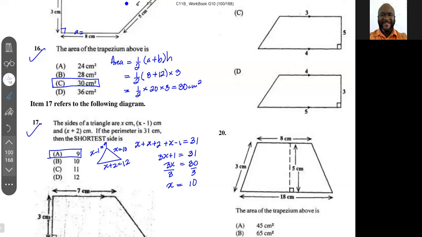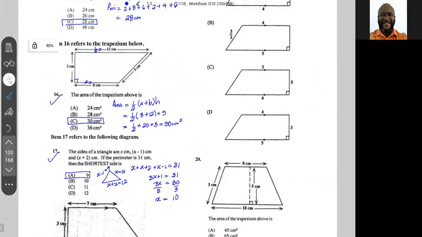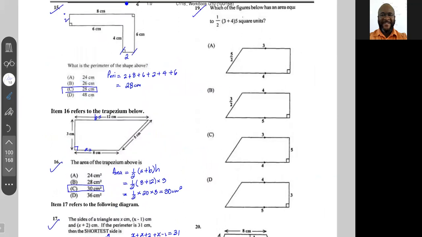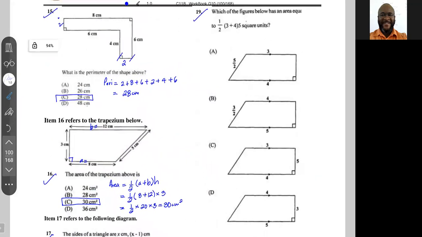All right, let's have a look at 19 now. 19 says, which of the following below has an area equal to a half (3 plus 12) times 5?